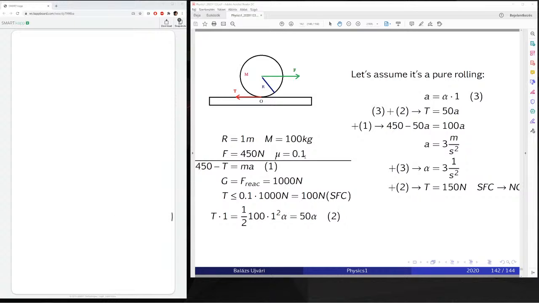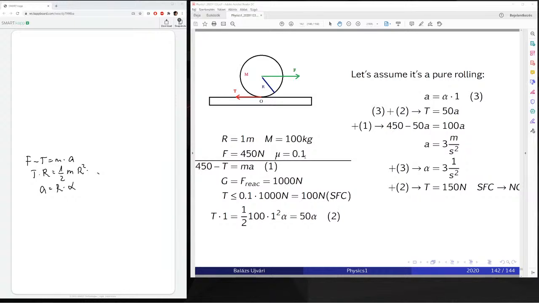So again, the dynamic equation for translation is F minus T has to be m times A. For rotation, only the friction rotates, with lever arm r, giving mr squared times alpha. And if you assume this is pure rolling, we can use A equals r times alpha.